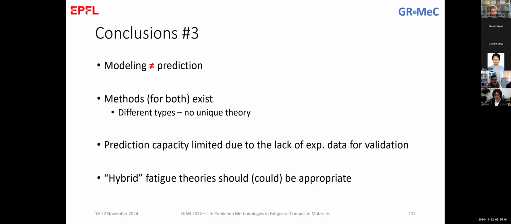I already said that there is no best failure criterion; it depends on the material that we are using. We've seen these methods based on energy, for example the criteria from the group of Socrate. They are very good, quite accurate for many material systems. But then again, you have to think about the complexity of the data sets needed to implement the criteria.